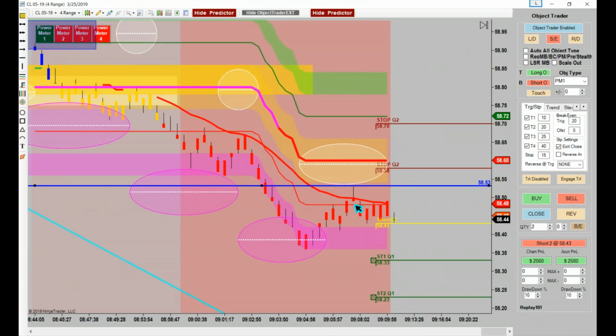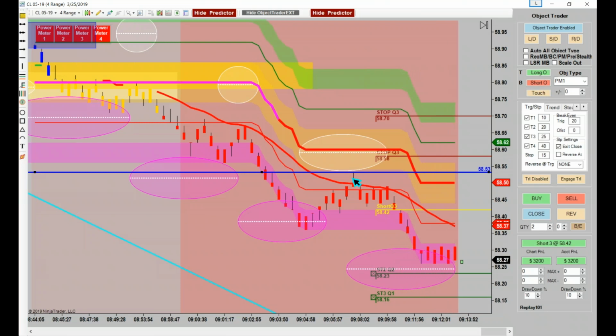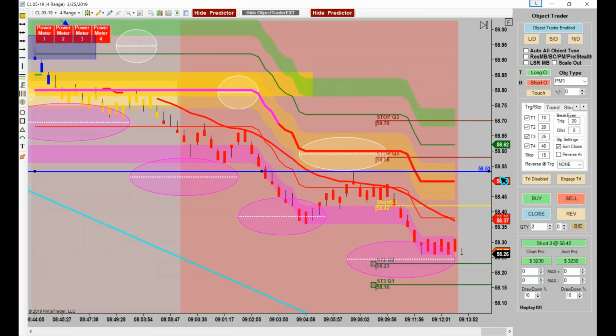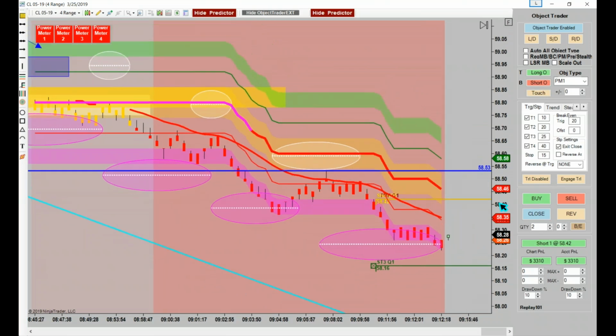On a short, you're looking at line 2 and stealth. You want to close above, and it just barely did. There's no question about that. That was about as minimum criteria as it gets, but I called it out in the room this morning because it was actually a predictor trade. And that turned out to be a monster trade too.